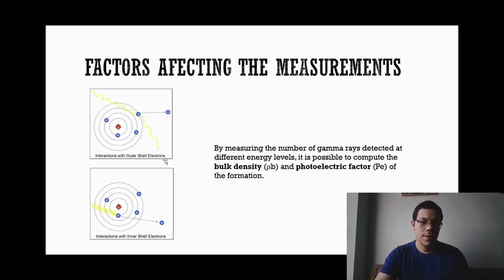So a distinction is made between the interaction of those gamma rays. Since our tool can measure the level of those gamma rays, we can have these two different values. The point here is that in this example, your gamma ray is the yellow line; it makes a collision and it will continue to exist in the scattering reactions.